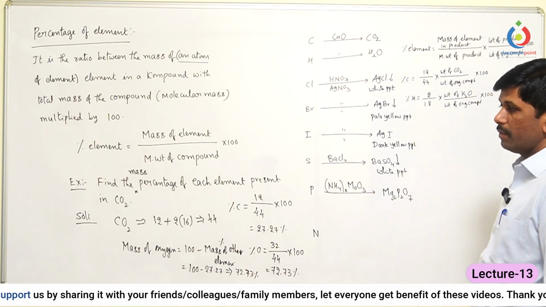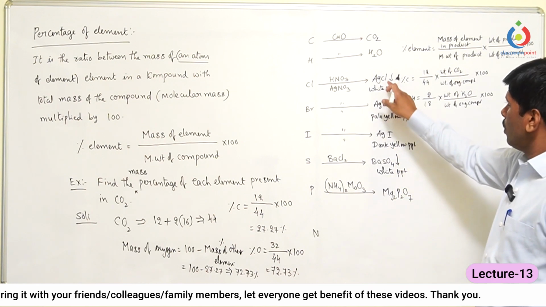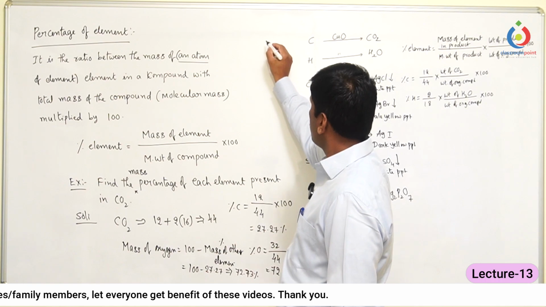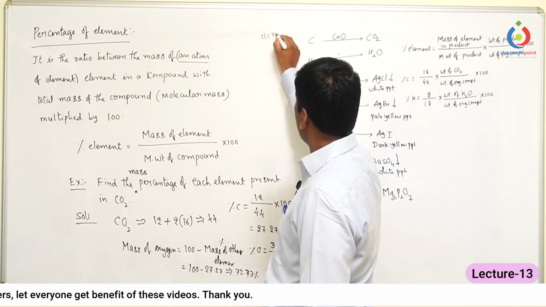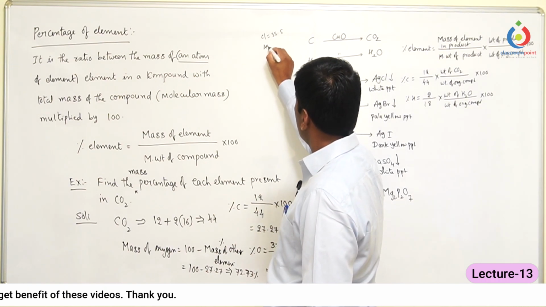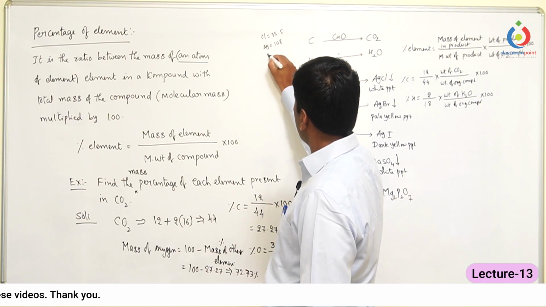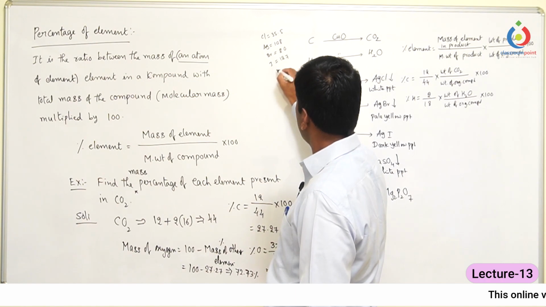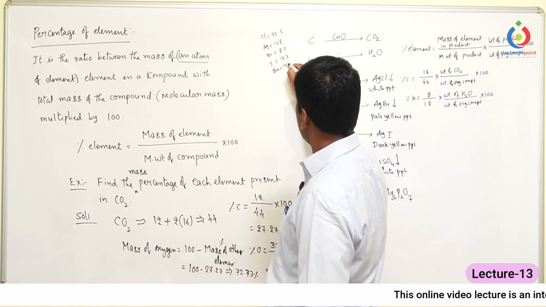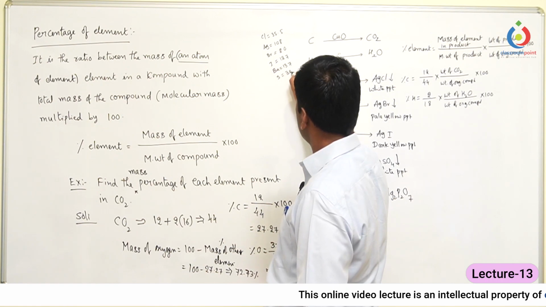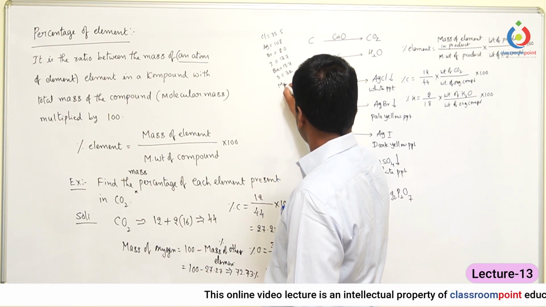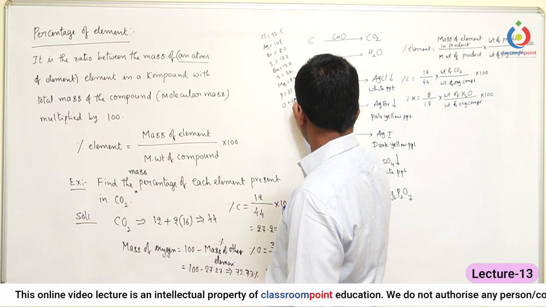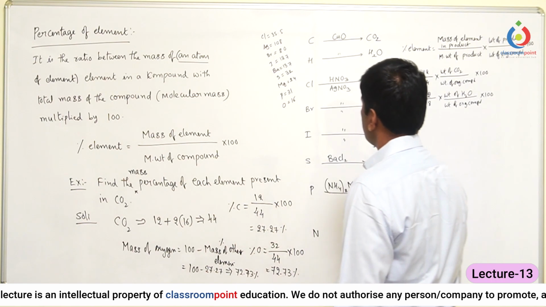Now let us see chlorine, bromine and iodine. You should know the atomic masses of these elements: chlorine is 35.5, silver is 108, bromine is 80, iodine is 127, barium is 137, sulfur is 32, magnesium is 24, phosphorus is 31, and oxygen is 16.